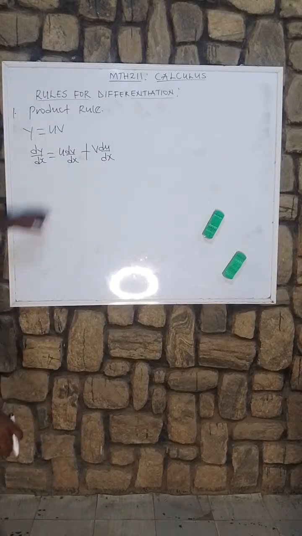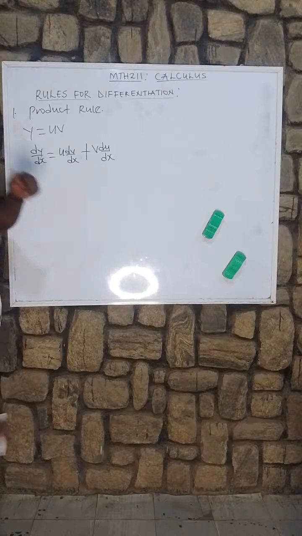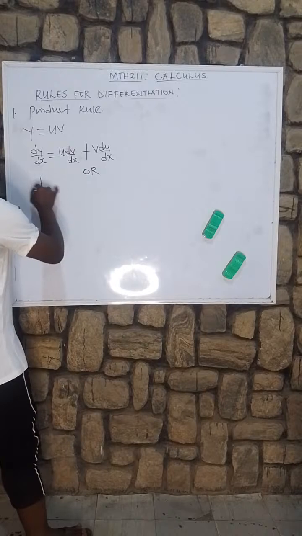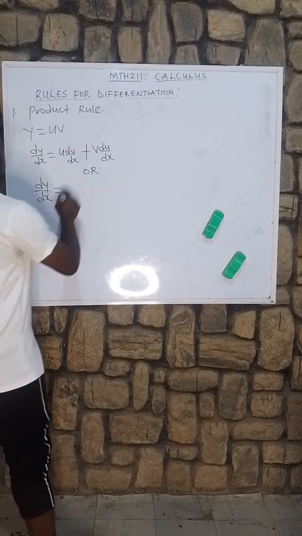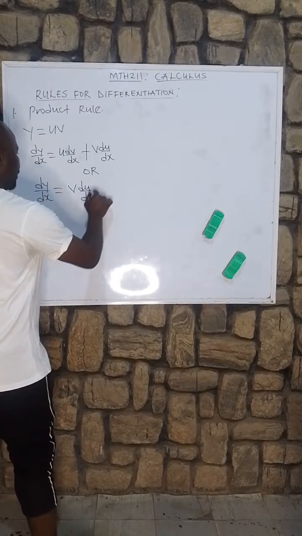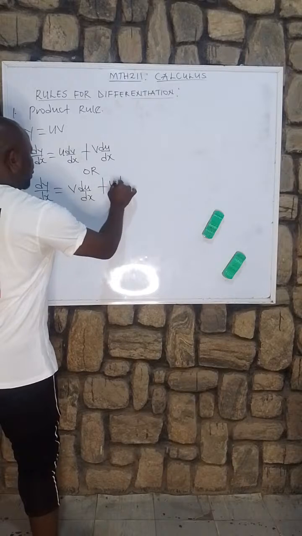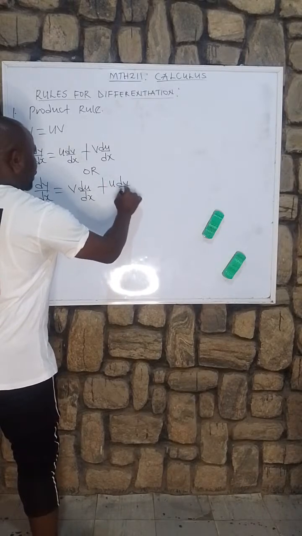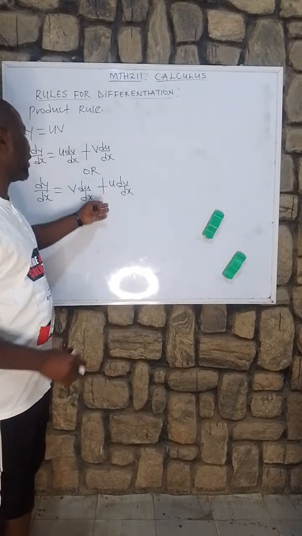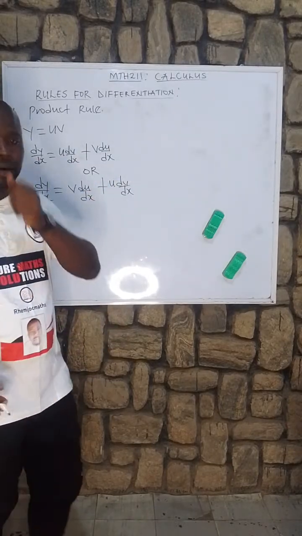Take note, this is the formula for product rule. In some textbooks, you will see v first, v du all over dx plus u dv all over dx. They are all the same thing. Either you apply this or this.